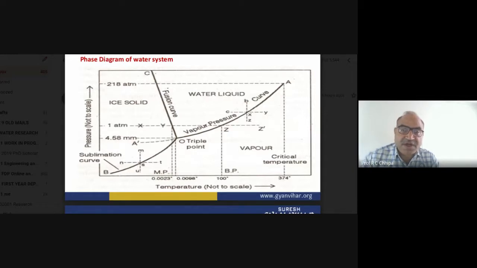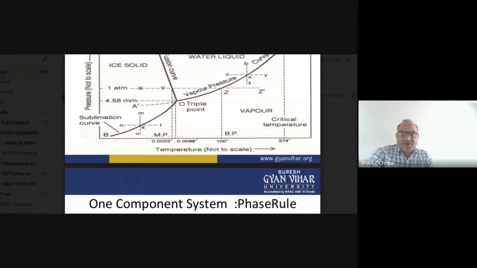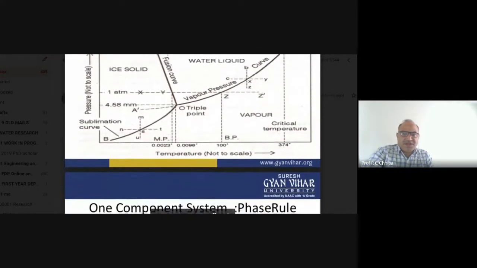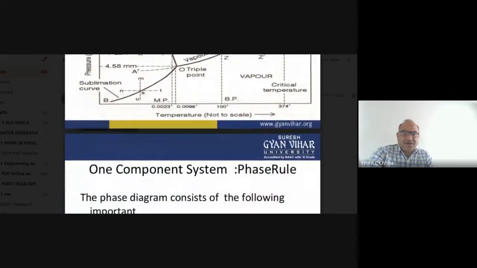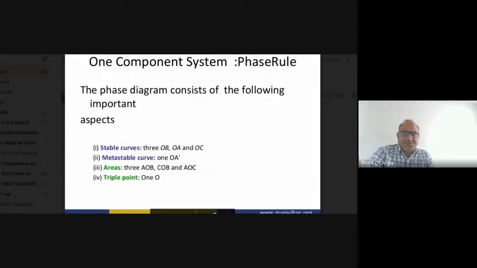We have already discussed the one component system. In the video lecture series, you can also see the two component system, and there you can get the triple point. Here also that triple point is there.